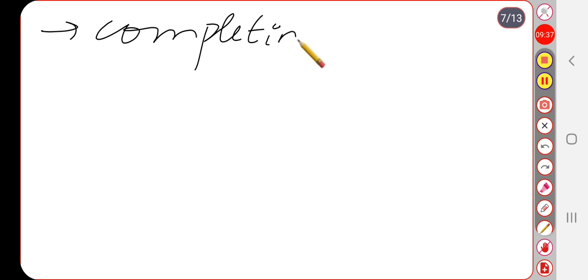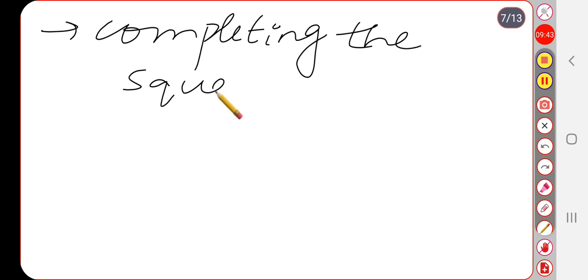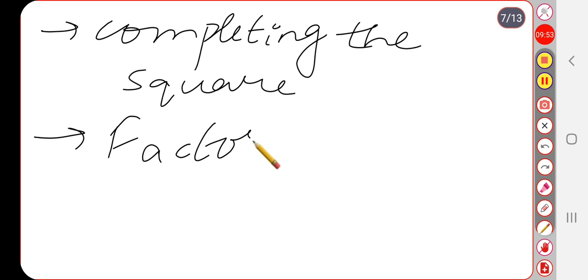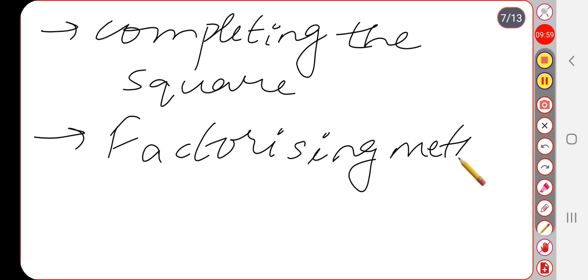The second method is the factorizing method.